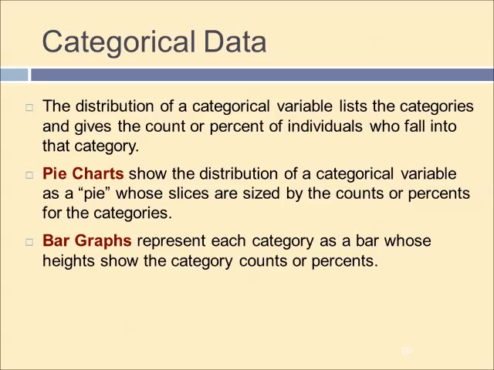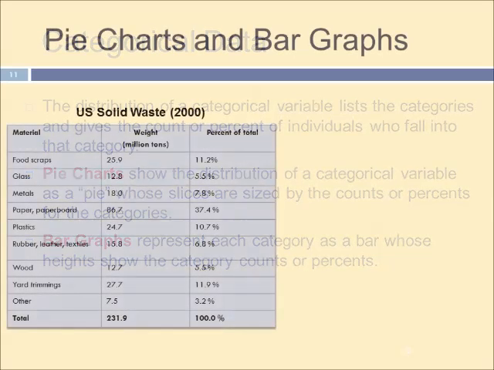Bar graphs represent each category as a bar whose height shows the category count or percent. So the taller the bar, the more counts or the higher the percentage that particular category comprises. With pie charts, the larger the piece of pie, the larger the percentage of the whole it represents.